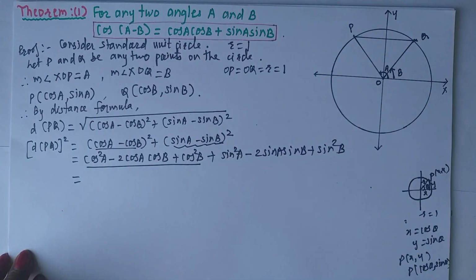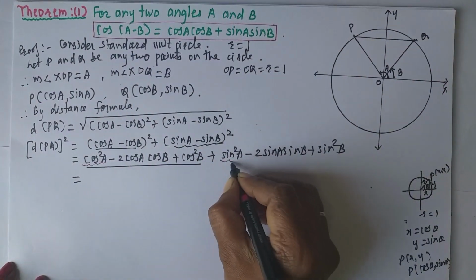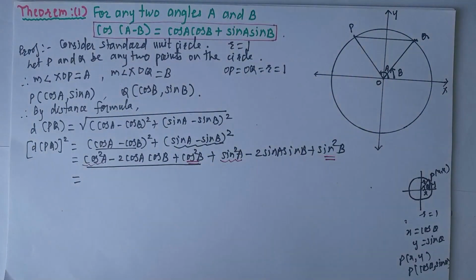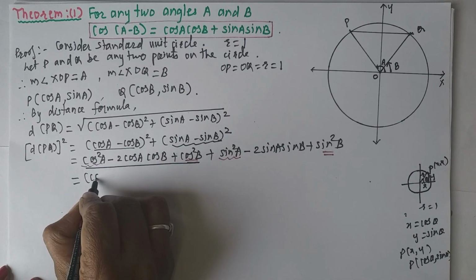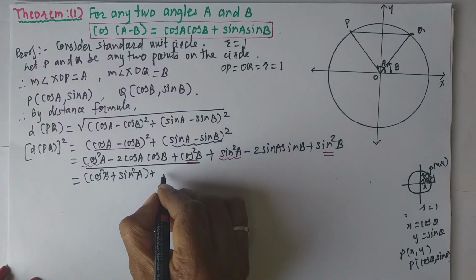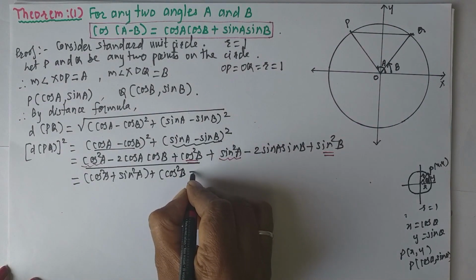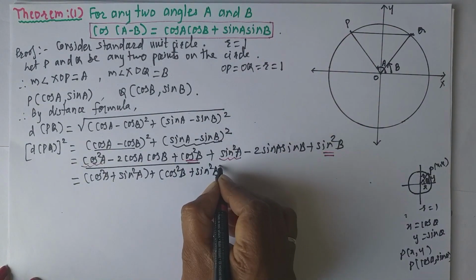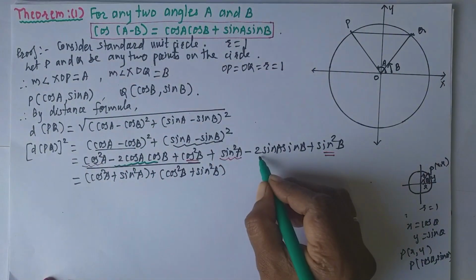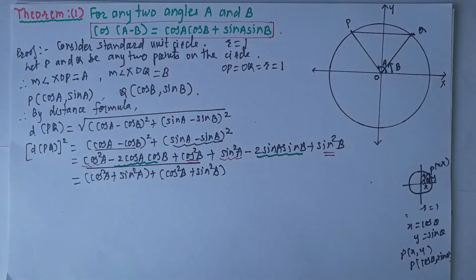Now take this cos square A and sin square A in one bracket and this cos square B and sin square B in another bracket. Now this will be cos square A plus sin square A, and in the second bracket, cos square B plus sin square B. And from these two terms, I will take minus 2 common.